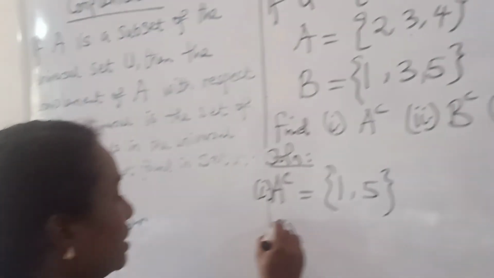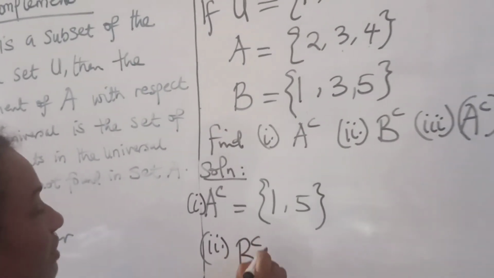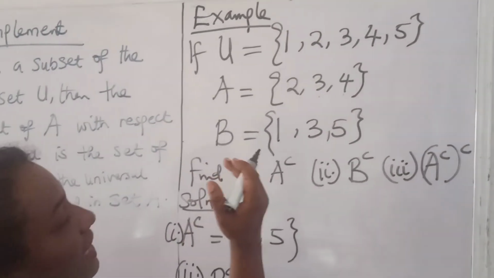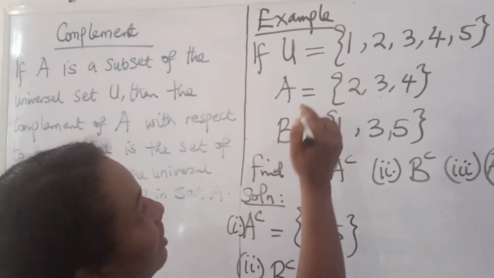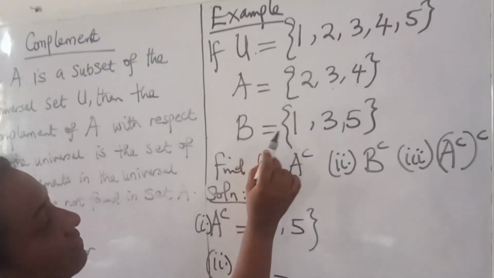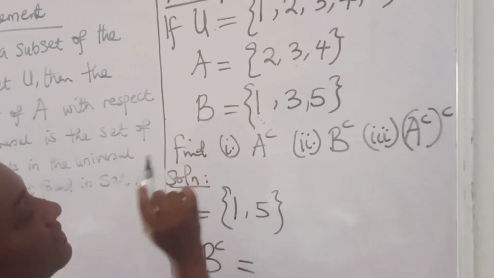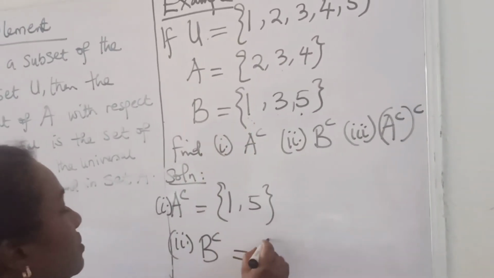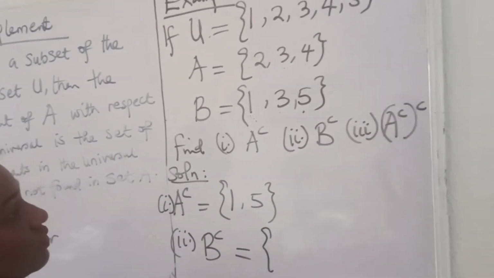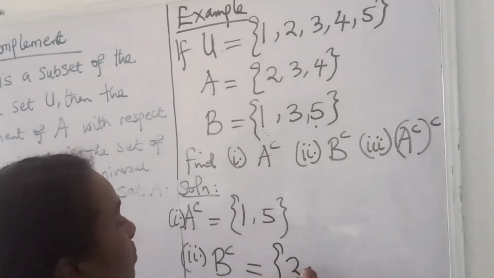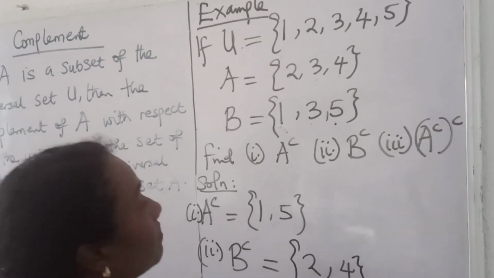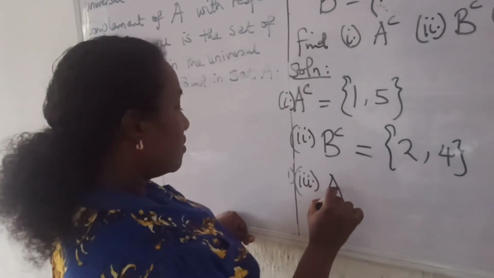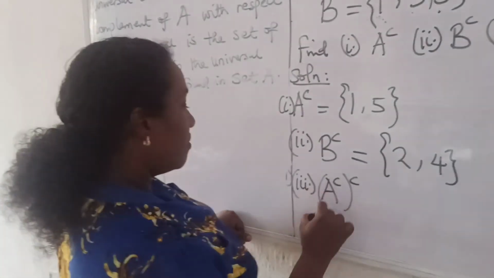Number 2 is B complement. B complement is a set of those elements that are in the universal set but are not found in set B. Set B has elements 1, 3, and 5. So the B complement will be 2 and 4. And lastly, the complement of A complement.